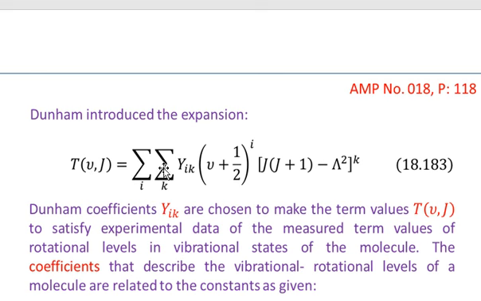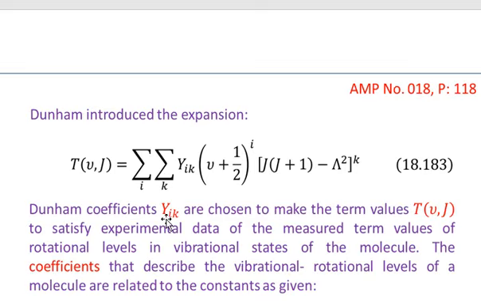One is a summation over i, the other is a summation over k, and it contains Yik as some constants, which we call Dunham constants or Dunham coefficients, multiplied by (V plus half) raised to power i, and then J into (J plus 1) minus lambda square, and this whole bracket is raised to the power k. So this equation 183 is actually the contribution of Dunham, which is also known as the Dunham expansion.